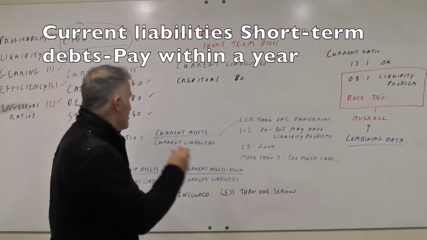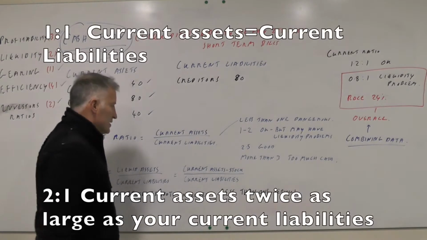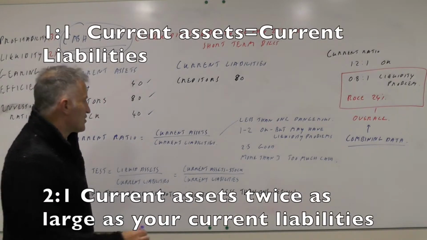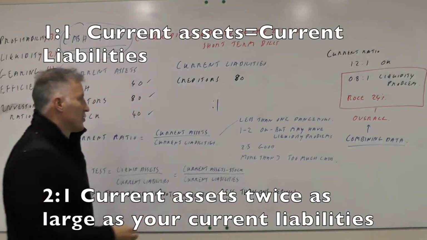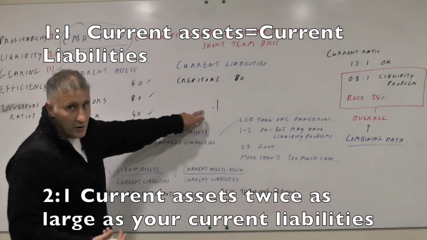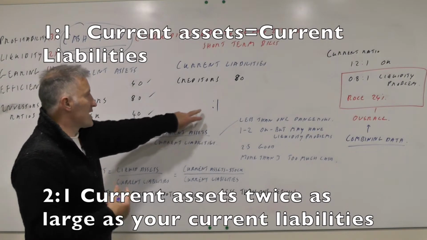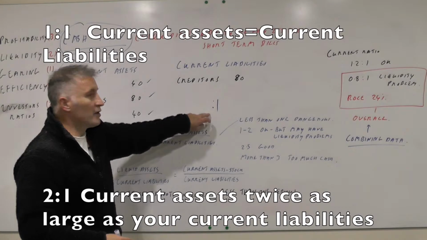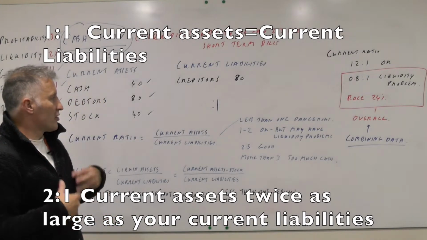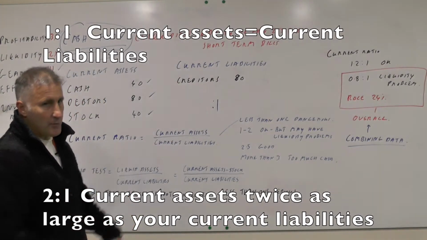We have the current ratio, which is current assets divided by current liabilities, and you will always come up with what I call a dot 1. So you'll have a number which could be 1 to 1. That means your current assets are equal to your current liabilities, or it could be 1.5 to 1, which means your current assets are 50% bigger than your current liabilities.